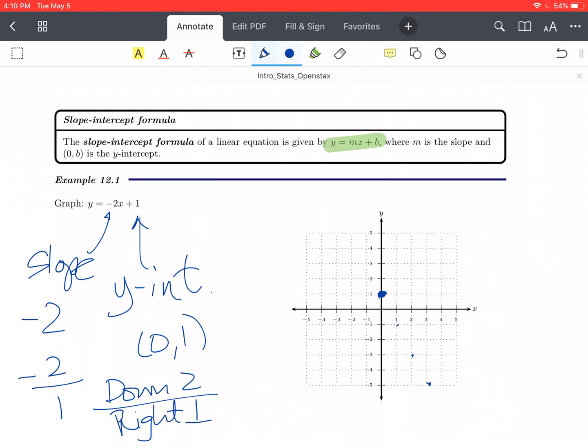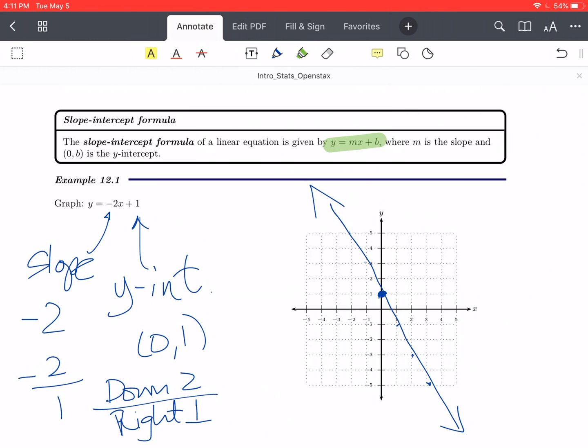We can also backtrack, because if we started here, down 2 over 1 would get us there. So a point right there and a point right there. Then we're just going to connect the dots as best we can. It's not bad. And there we have our line.